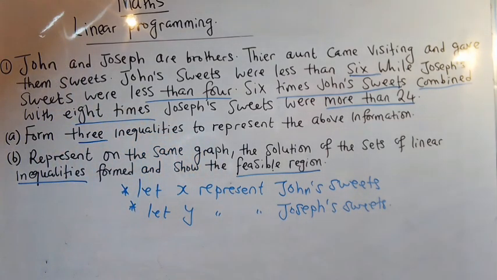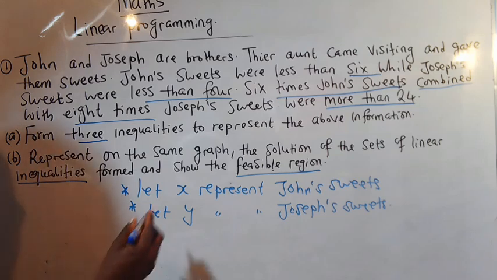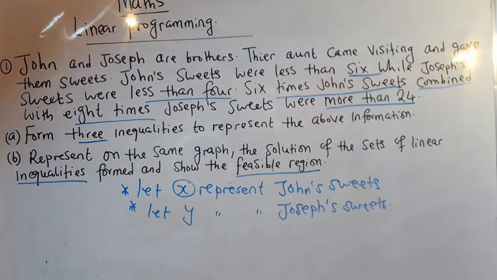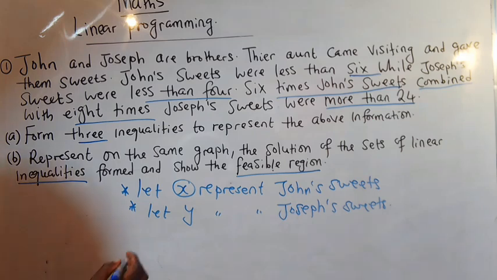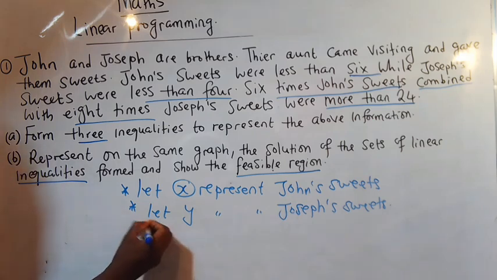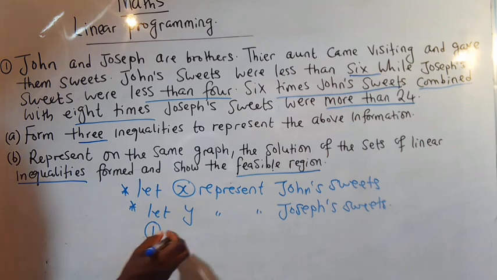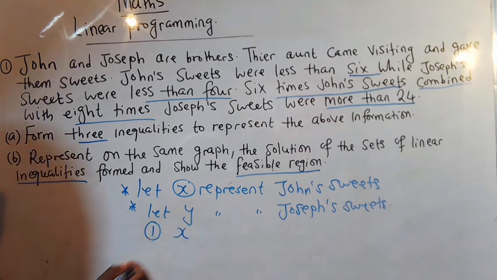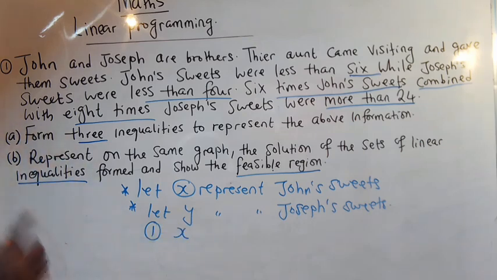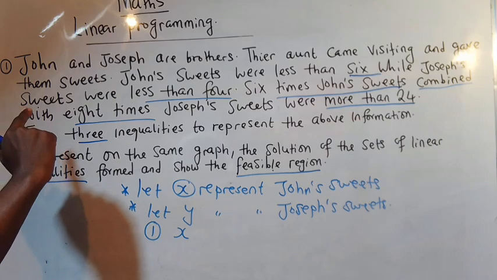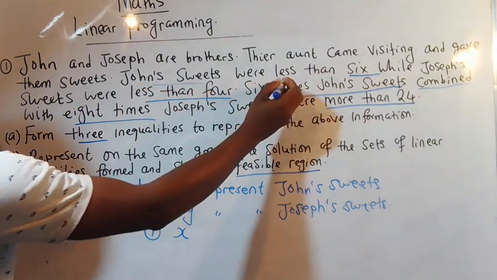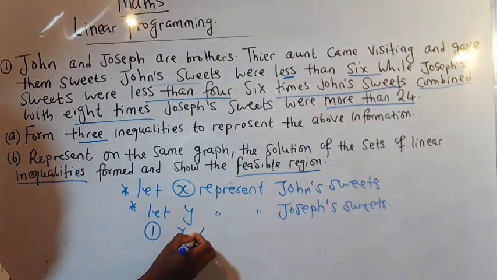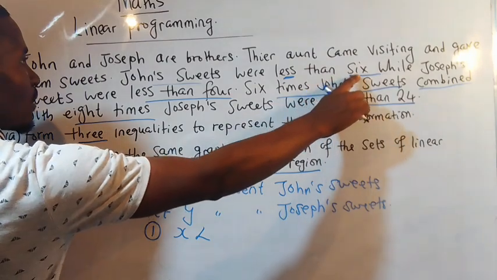Now we know that x will be for John and y will be for Joseph. So the first inequality: going back to the statement, they're saying John's sweets were less than 6, so x is less than 6.